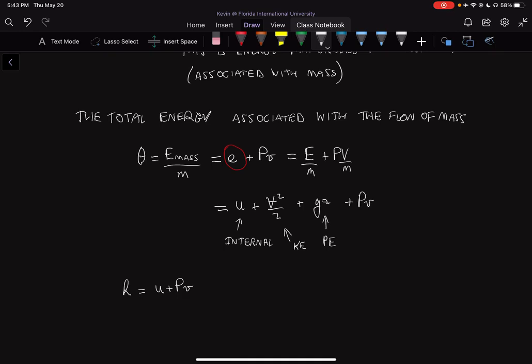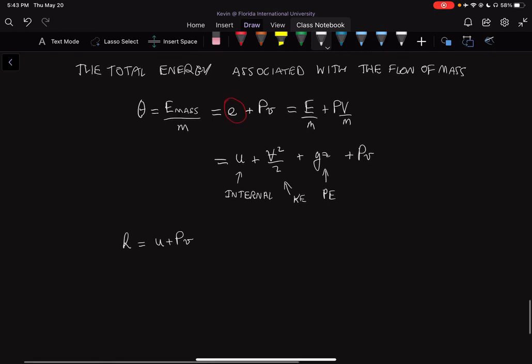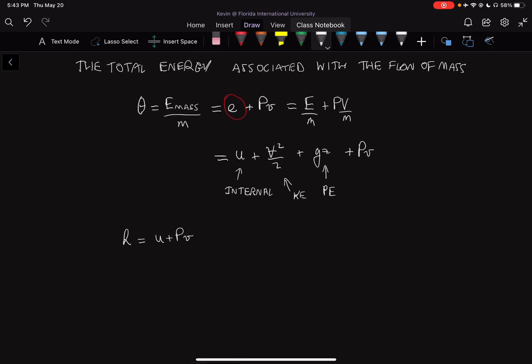So the total energy with flow of mass now takes into account the boundary through our term H. So for a system where the mass crosses the boundary, theta is equal to H plus V squared over 2 plus gz, and this is essentially the total energy per unit mass.